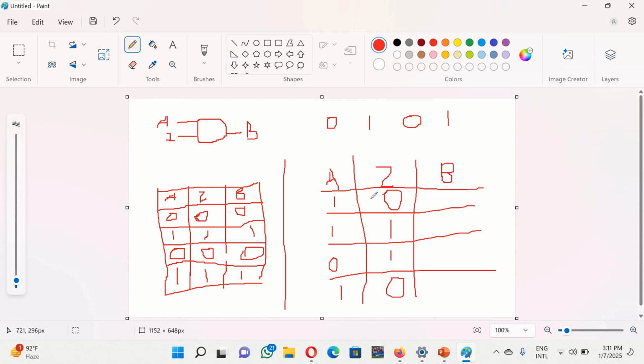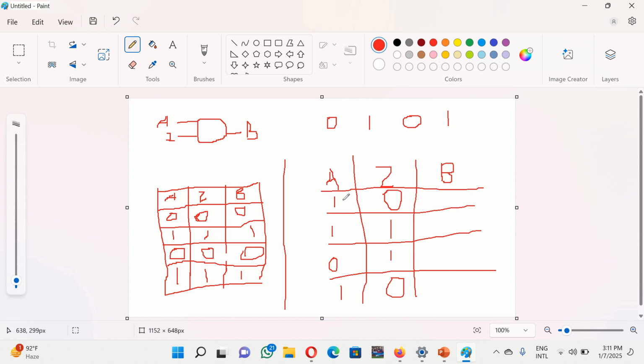Now for AND gate, these two inputs here should be 1, 1 for us to get 1 here. Otherwise, here is 0. The otherwise means that the moment one changes from the 1, you get 0 here.